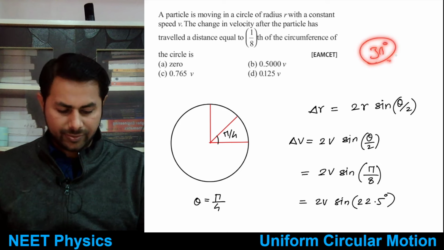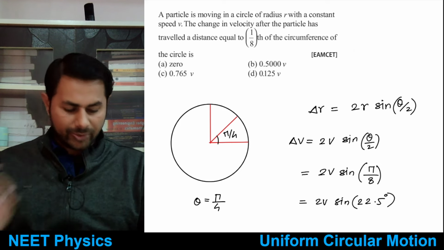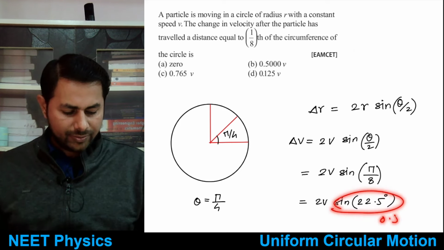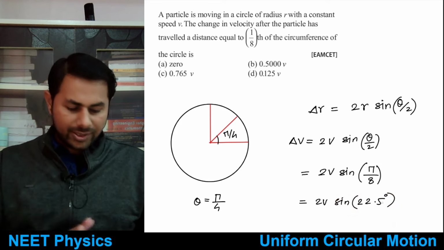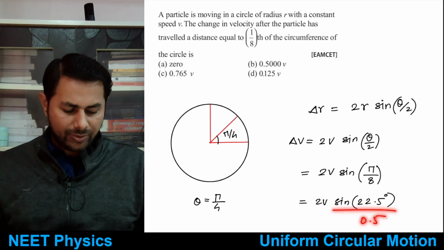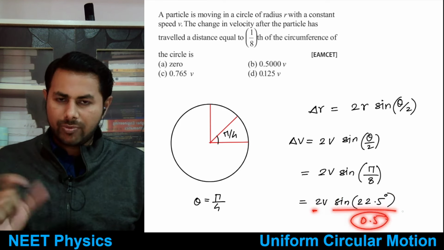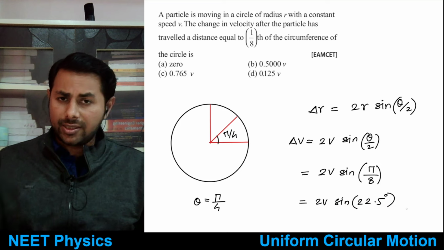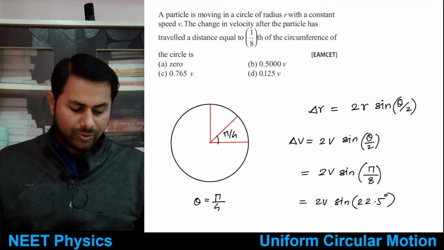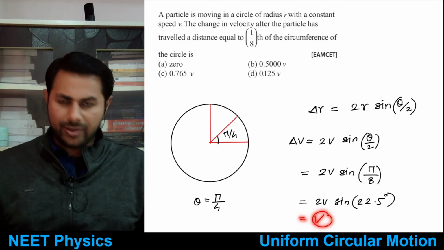Okay. So if the angle is 30 degrees, then sine is 0.5. 0.5 multiplied by 2, how much will you get if the angle is 30 degrees? 0.5 times 2 is 1. So your answer would be v.